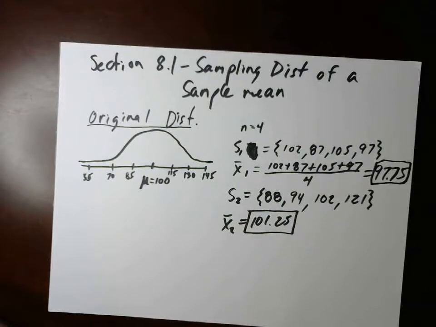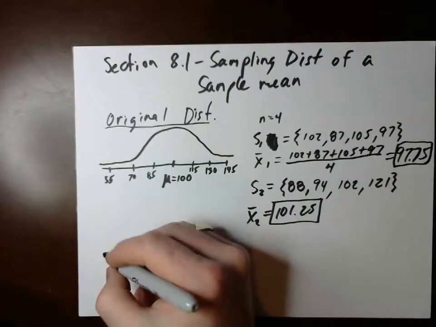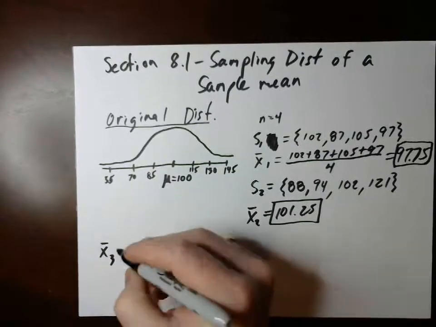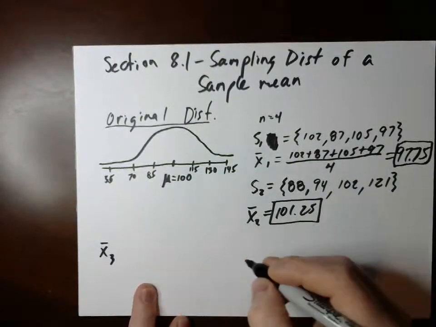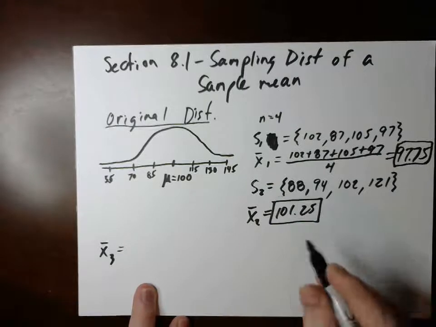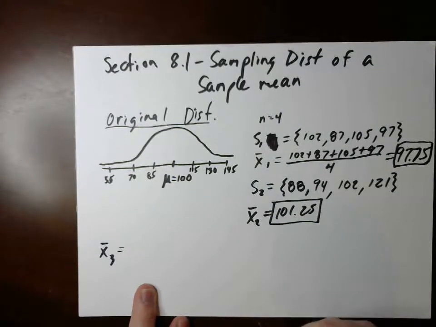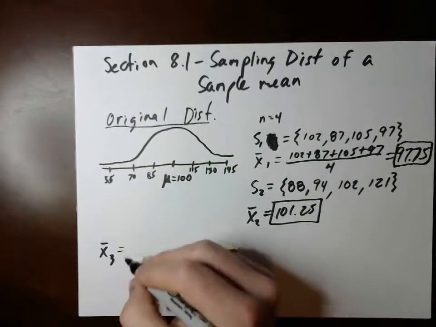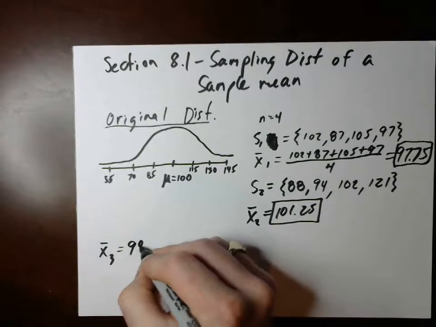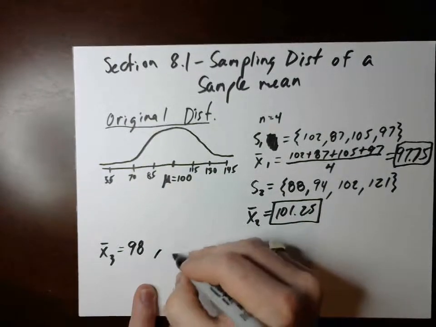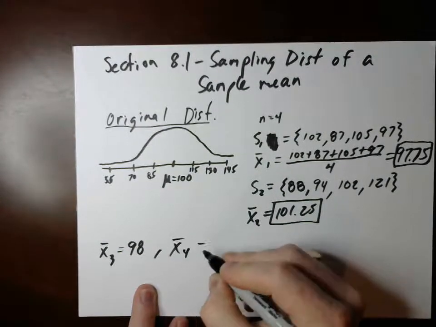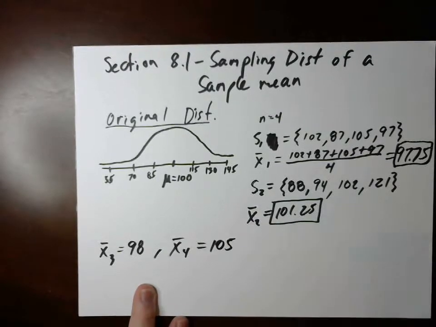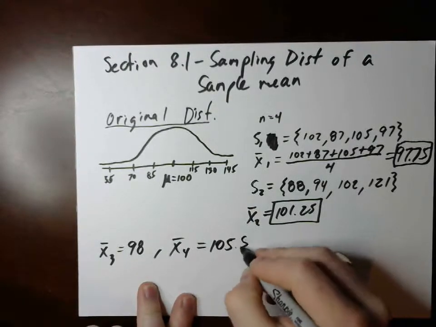Now let's imagine that we continued this process, and let's say x bar 3 equals 98, after gathering another sample of n equals 4, and then x bar 4 equals 105.5.